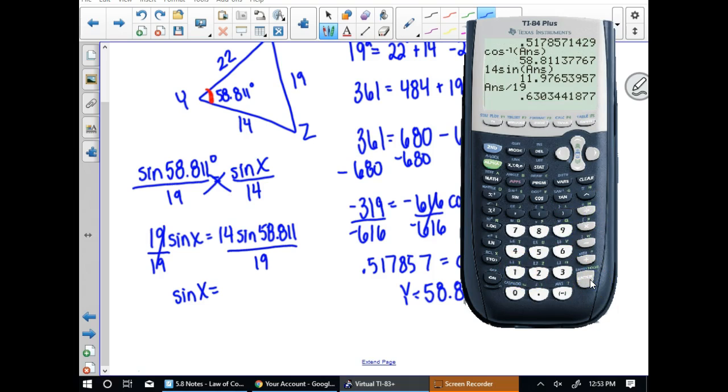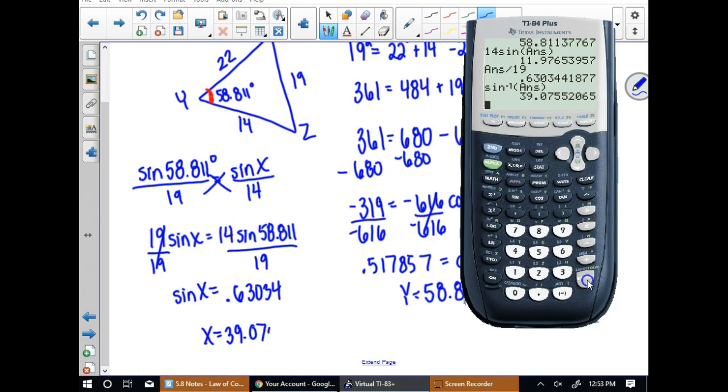So that gives you 0.63034. What's the last step here? Inverse sine of the answer. So we'll get x equals 39.076 degrees there.